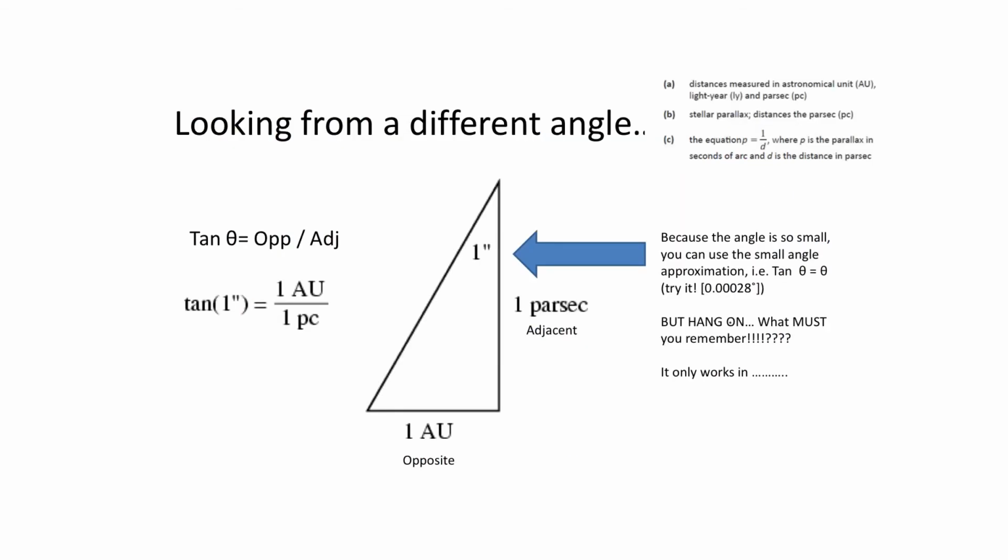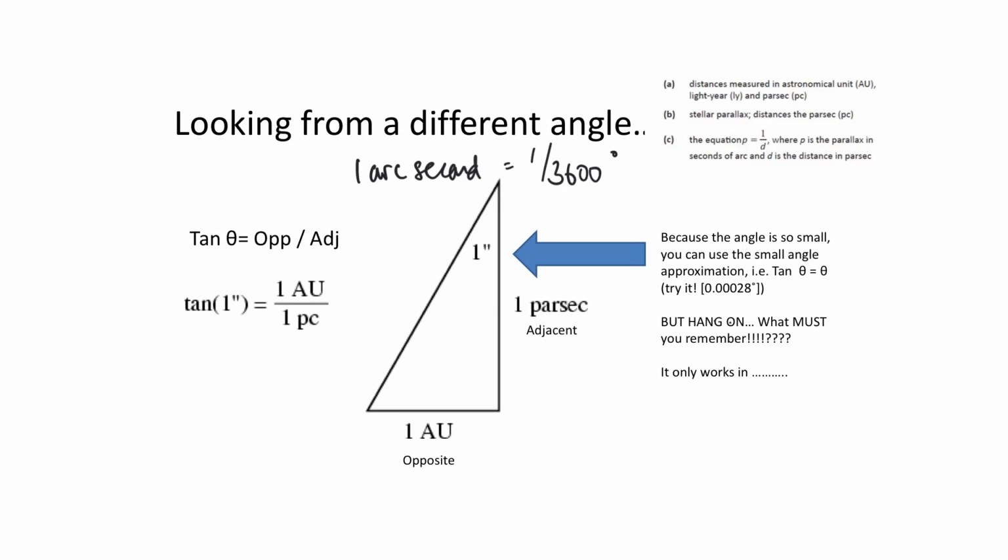Just as a quick recap before I set you off on a few questions, we have looked at the idea of the parsec. That's a new distance, but it depends on two other things: the 1 AU, the distance between the Earth and our Sun, and this angle being 1 arc second, which is 1 divided by 3,600 degrees.